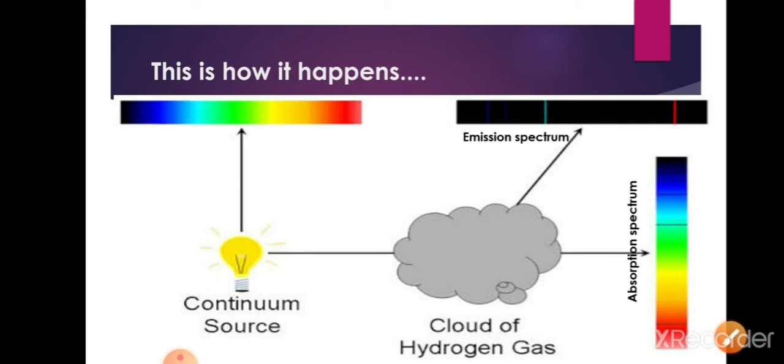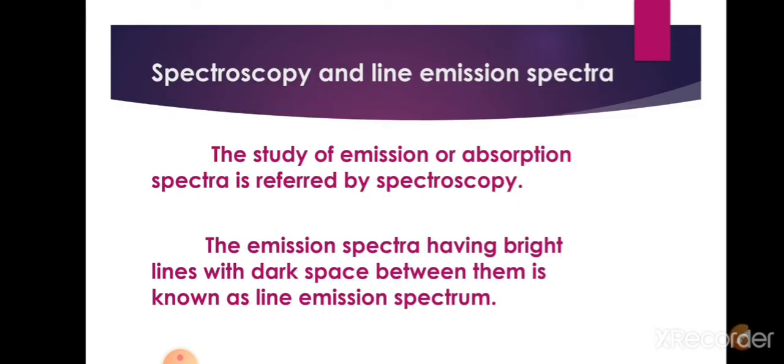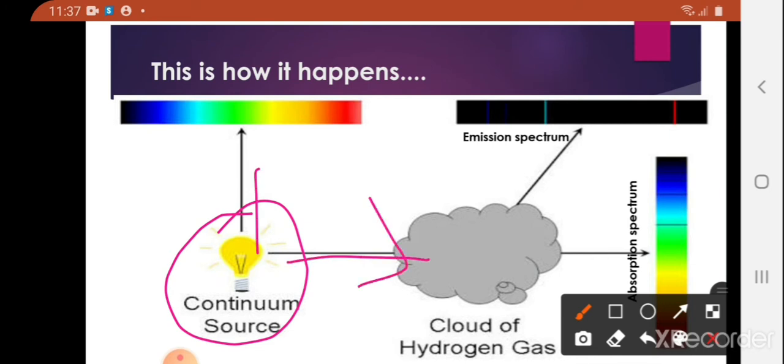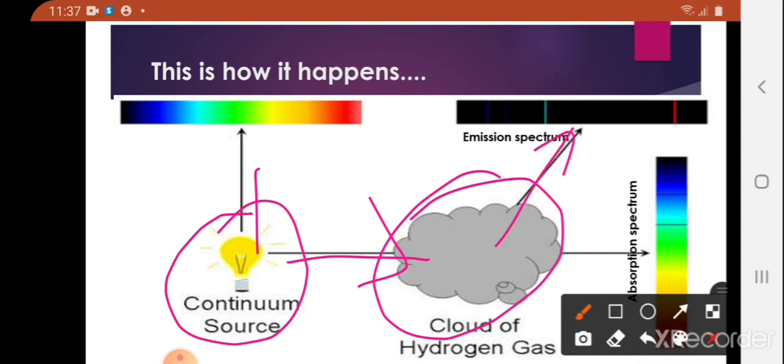This is how it happens when a source of energy is passed through a sample. When we take the emission spectra, we get the emission spectra like this, and the absorption spectra is like this.